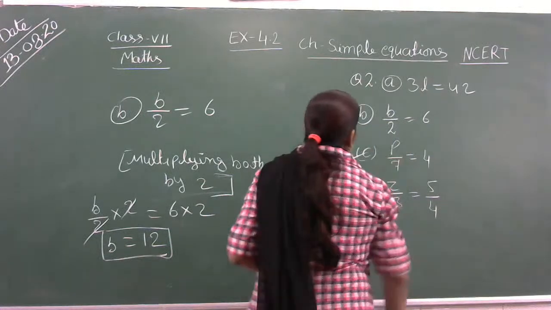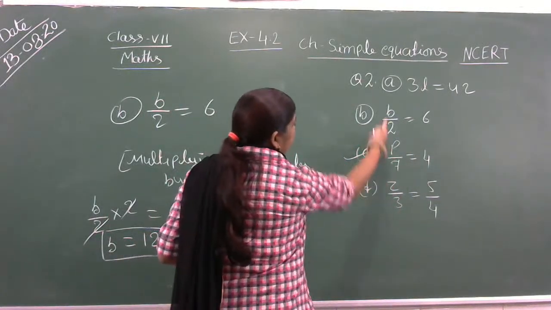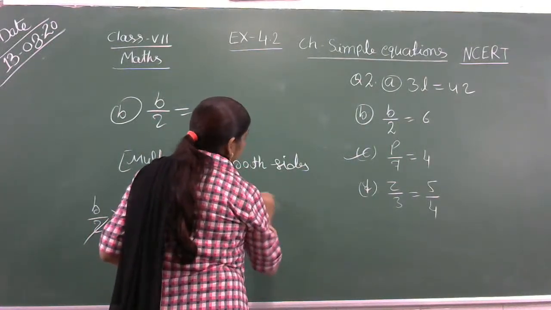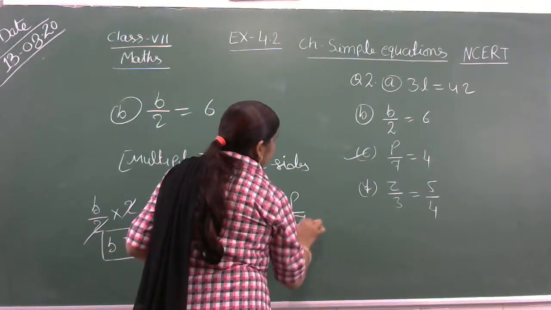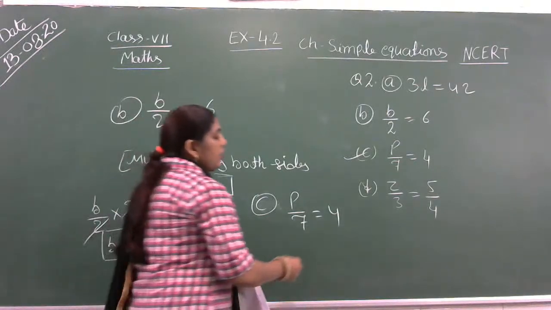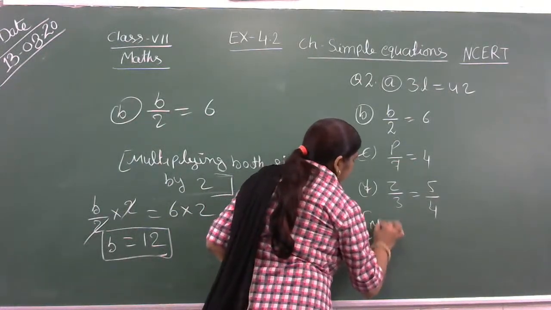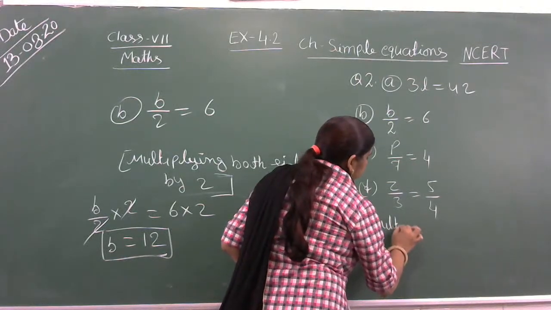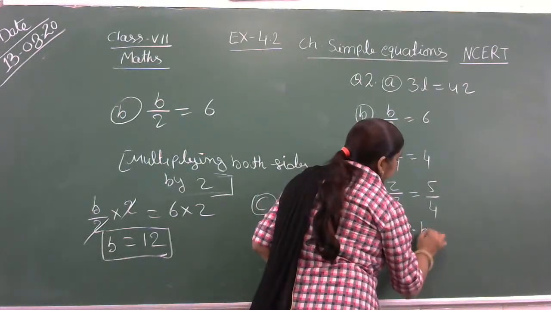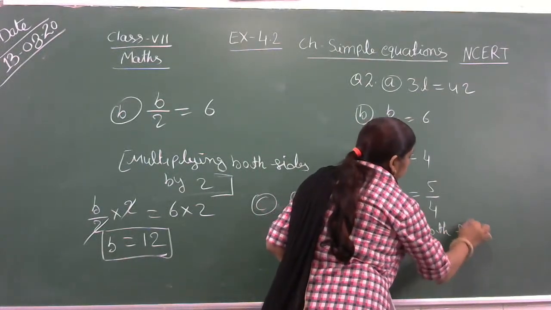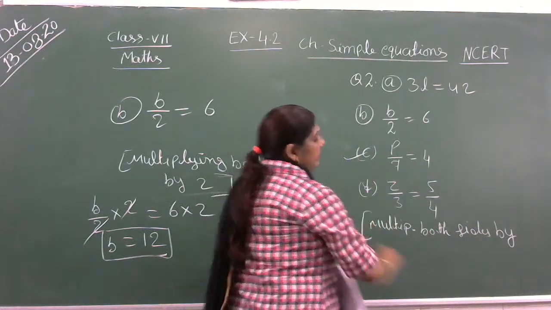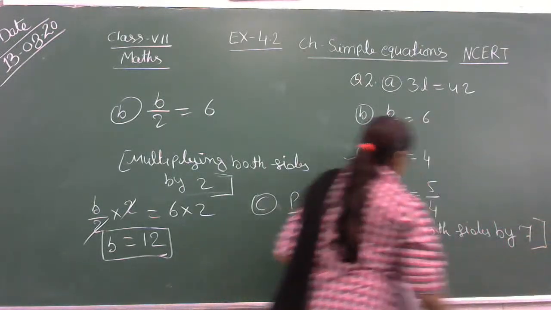Now part C also is the same. P upon 7 equals 4. Given division, similarly you will multiply both sides by 7.